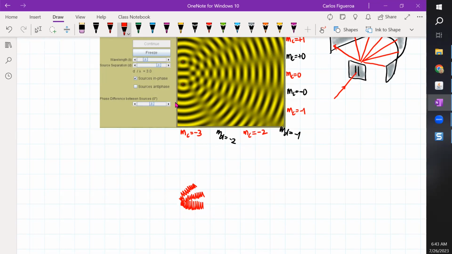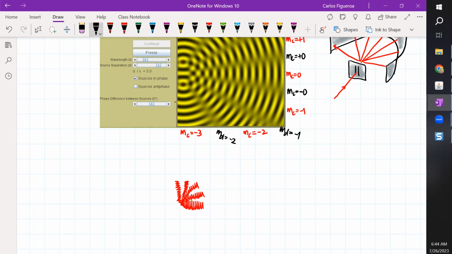So what do I have? I have 1, 2. I need one more. Then there's going to be one at 90 degrees, and then there's going to be one right here.